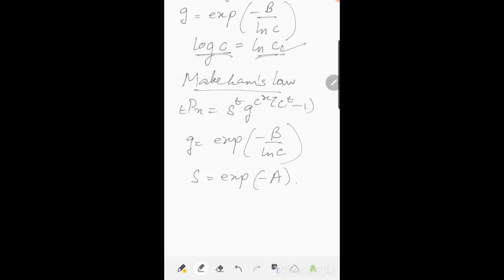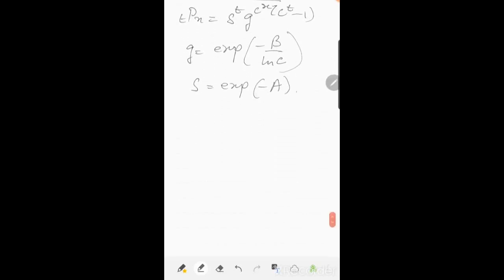And then we look at the last part now. So we are done with Makeham's and Gompertz's law. To close up this chapter, we just look at one question.